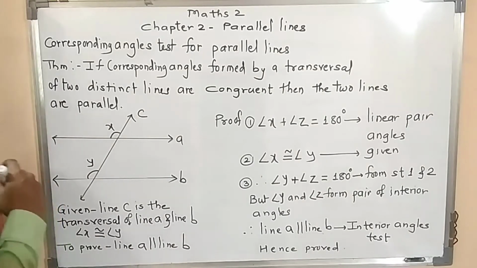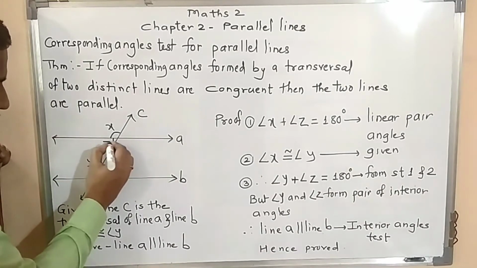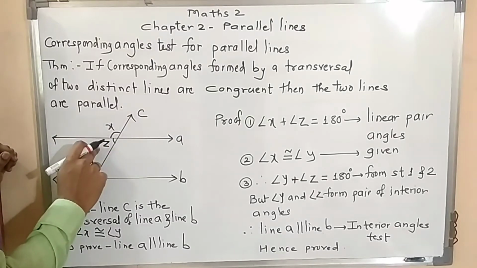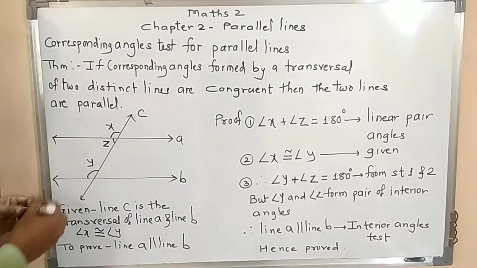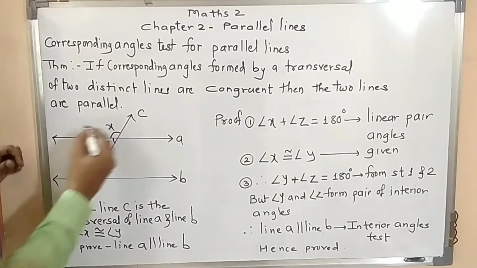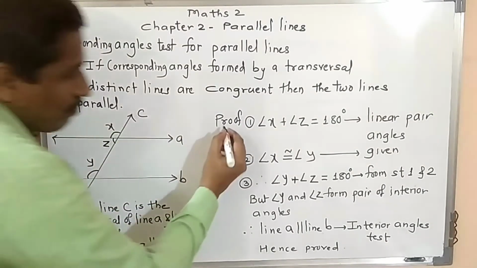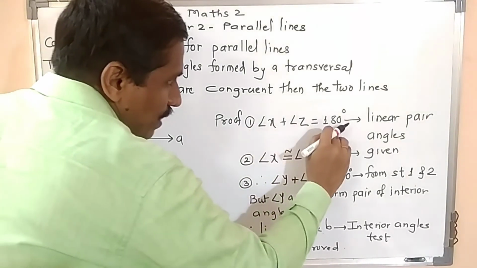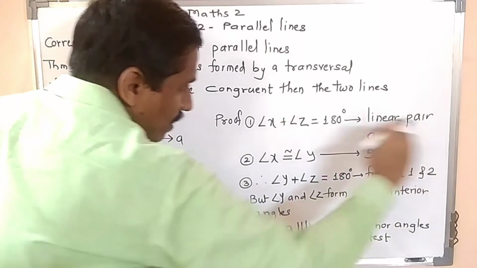Now, I will take this angle as angle Z. Now, angle X and angle Z form a linear pair. Understood? And we know that linear pair angles are supplementary. Proof. Statement number 1: angle X plus angle Z is 180 degrees, as linear pair angles are supplementary.